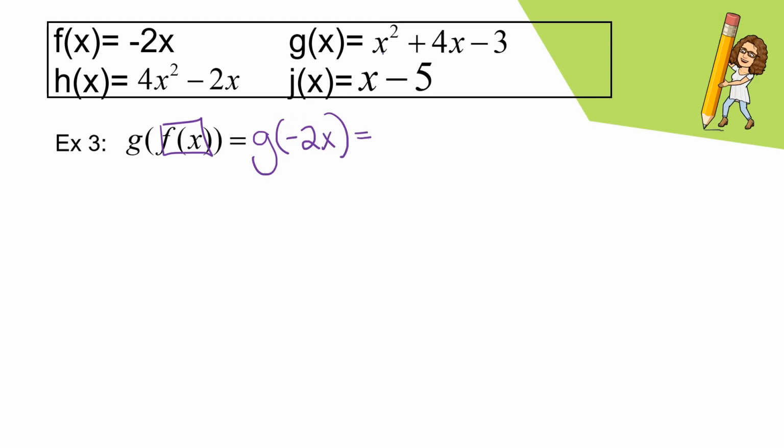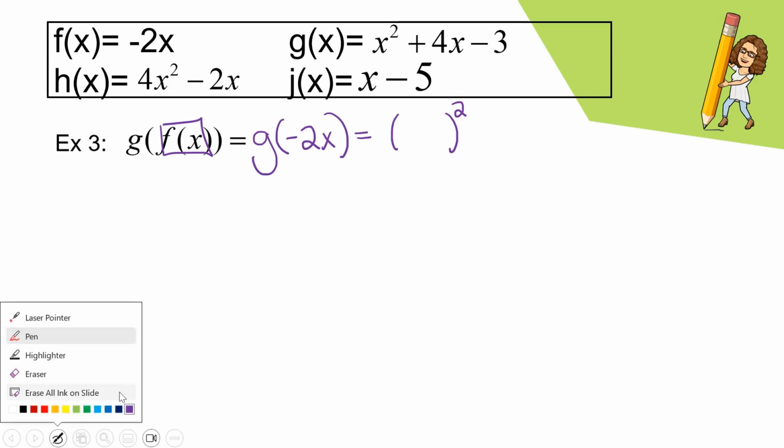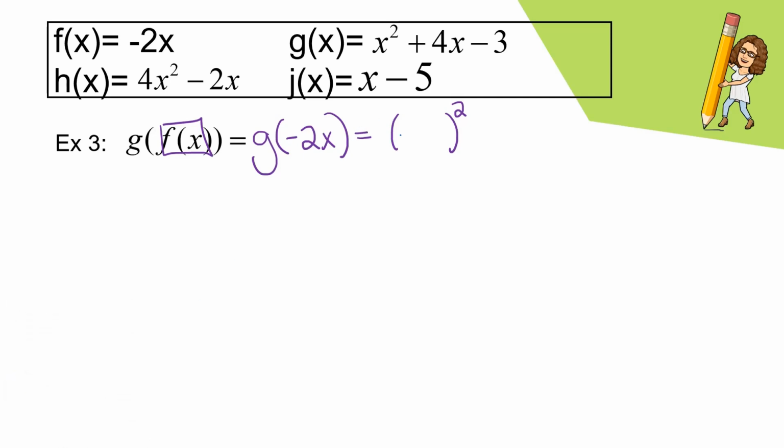So first thing I see on g, I got to plug in for an x. But notice it's squared. So I'm going to write that this information has to be squared. Then I'm going to go change my function here. They said negative 2x is what we're substituting in.